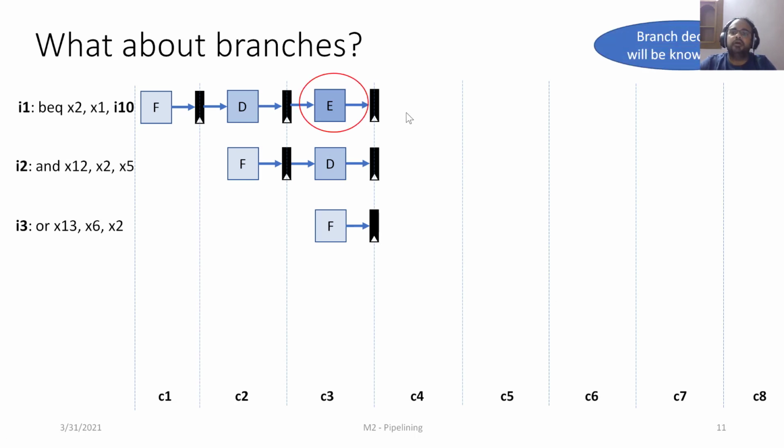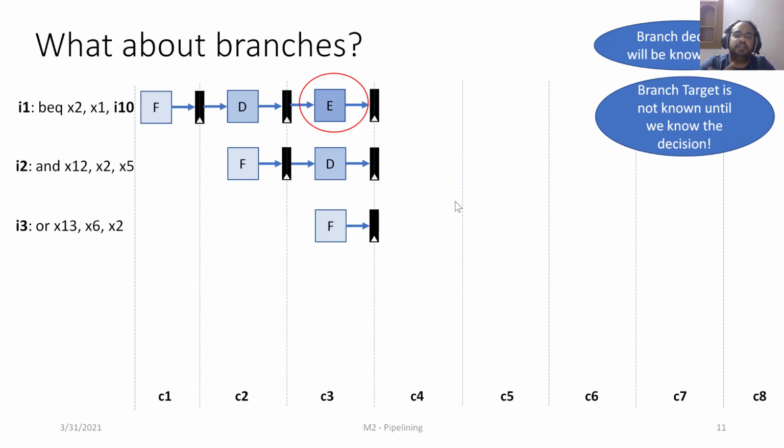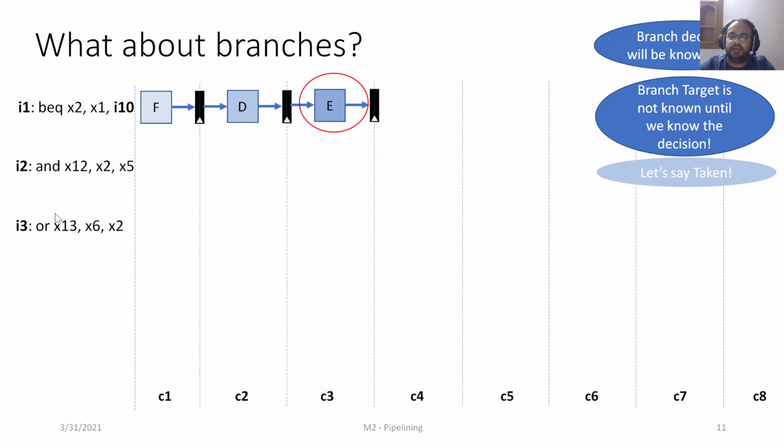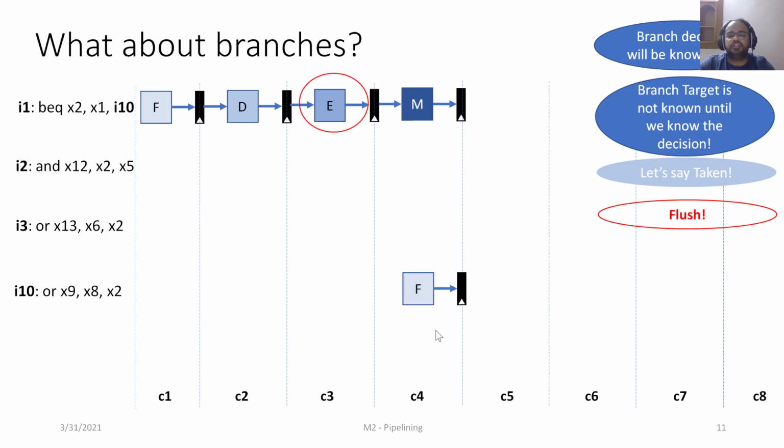So because the branch decision is known only in cycle 3, if the branch is taken, it means that instead of executing I2, I3, etc., we need to execute I10. We need to flush both I2 and I3, and in cycle 4, when I1 moves to the memory stage, I10 will be fetched and the execution will further continue.